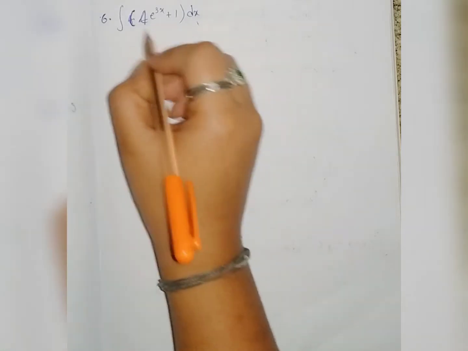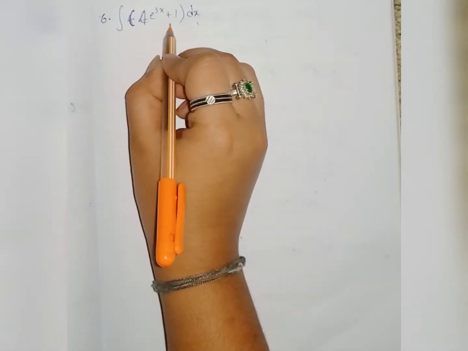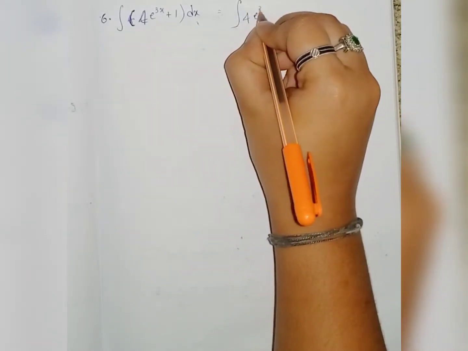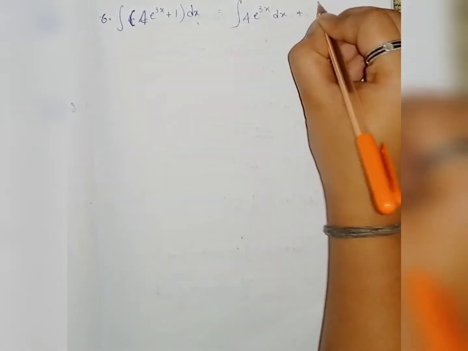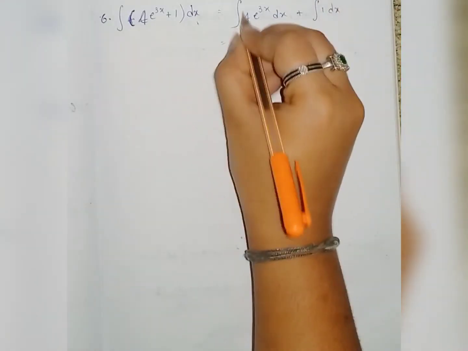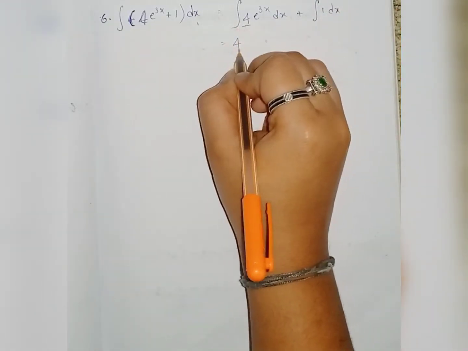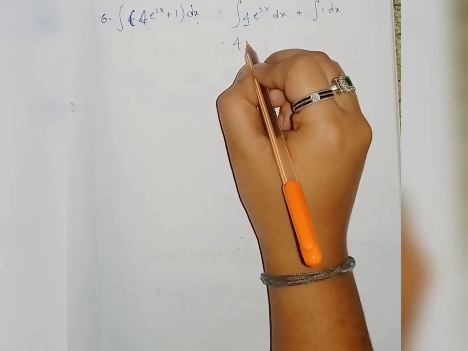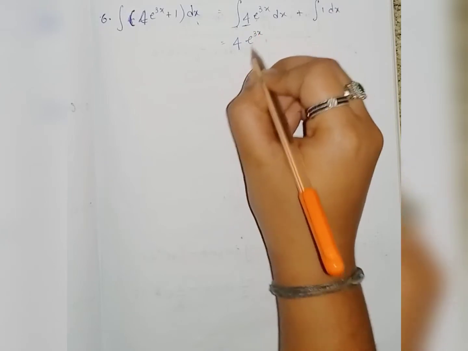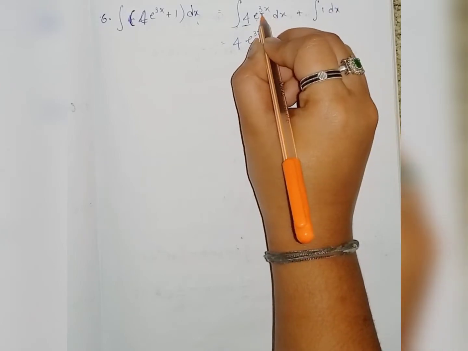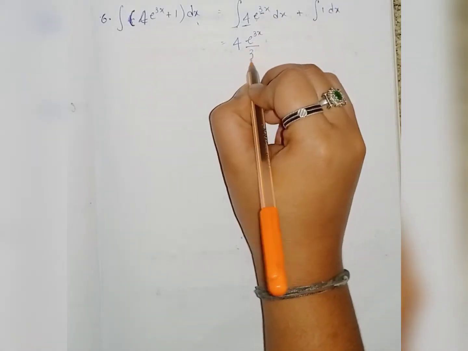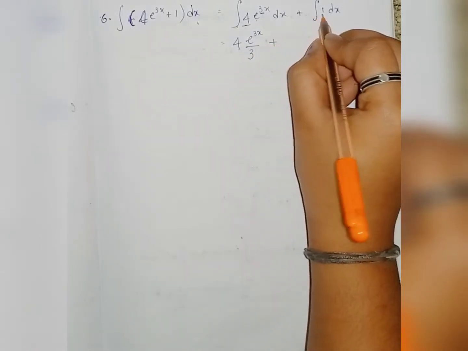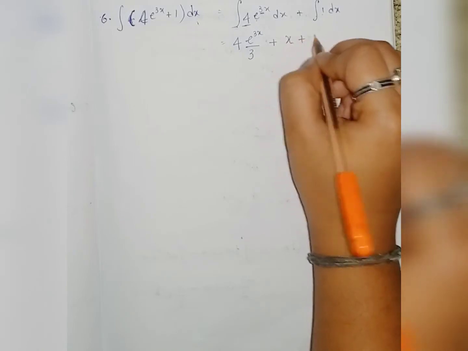First, integration of 4 e power 3x plus 1 we can divide as integration of 4 e power 3x dx plus integration of 1 dx. 4 is a constant, so we keep it as it is. Then integration of e power 3x is e power 3x, and the coefficient of x is 3, so we have to divide the term by its coefficient, plus integration of 1 is x plus c.